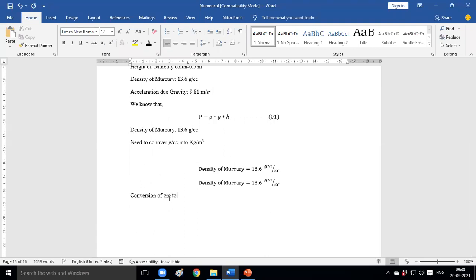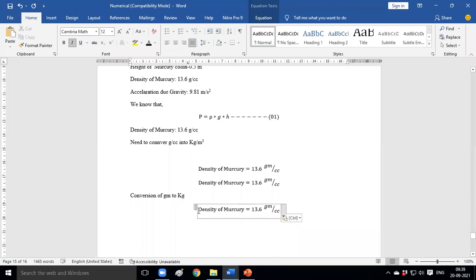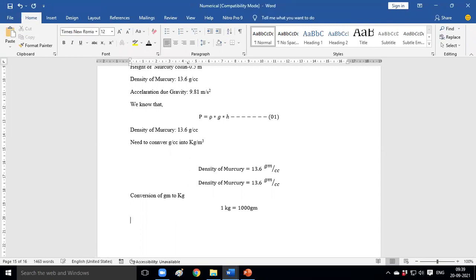Gram to kg conversion is 10 to the power 3. 1 kg is equal to 1000 gram.